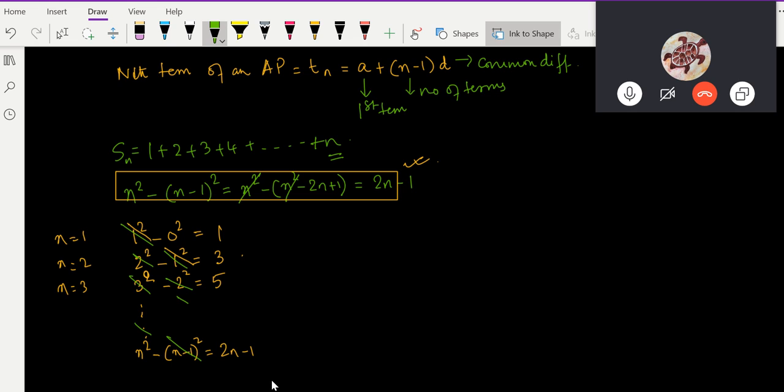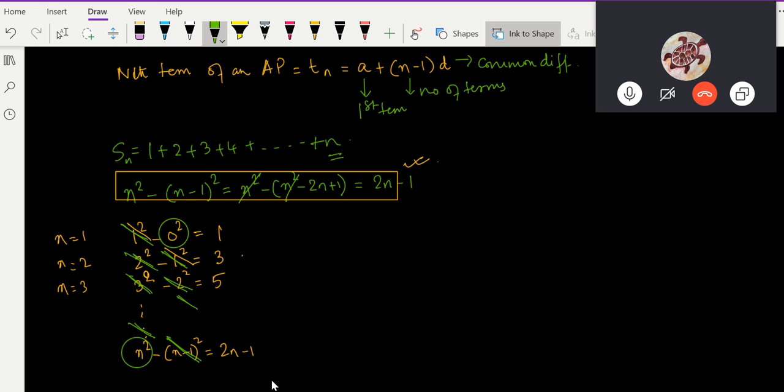Okay, so what I'm saying is if I add all the terms, you see that the first term and the second term of the consecutive terms will cancel out. So 1 square and minus 1 square, 2 square minus 2 square, 3 square minus 3 square. Similarly, n minus 1 square will cancel with the previous one, right? So we will be left with n square minus 0 square.